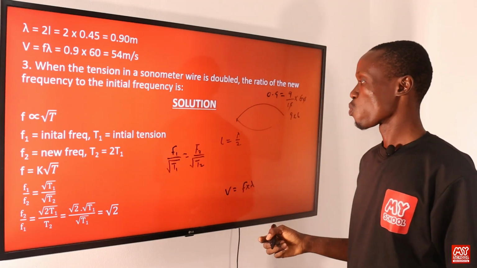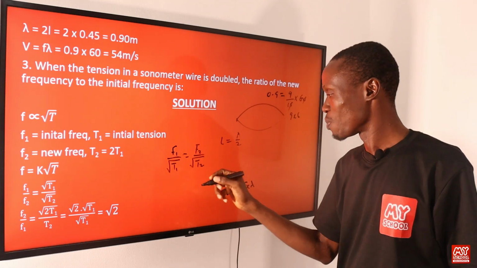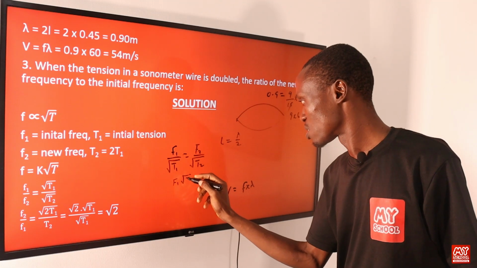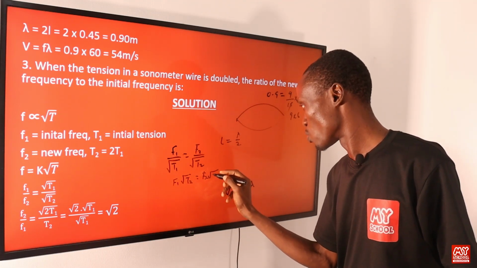Now, we can decide to cross multiply, and we'll be having F1 root T2 equal to F2 root T1.